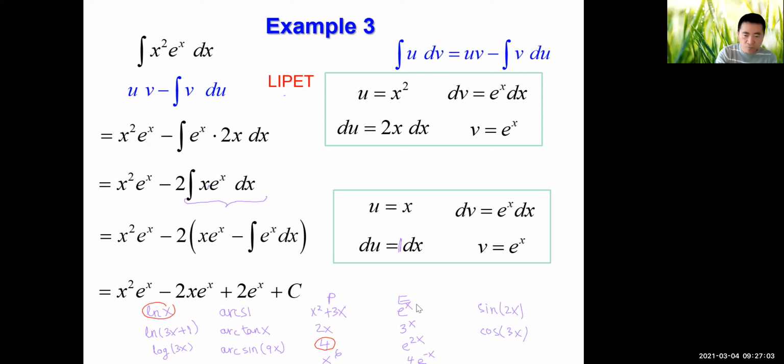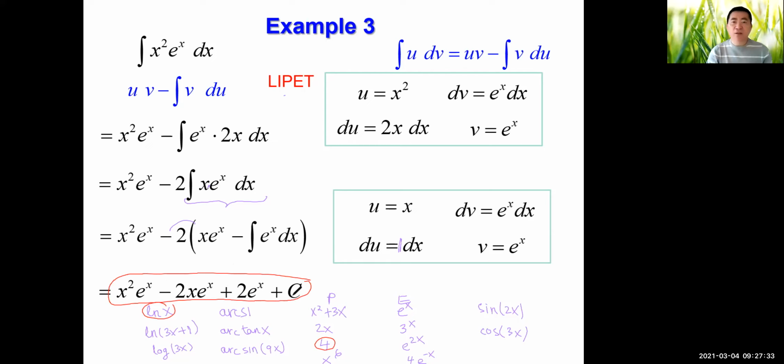After you multiply in, that's negative 2 e to the x, 2x e to the x, negative times negative is positive, times 2, right? And then the integral of e to the x is e to the x. So that'll be the answer for that. Notice how we applied the integration by parts twice.